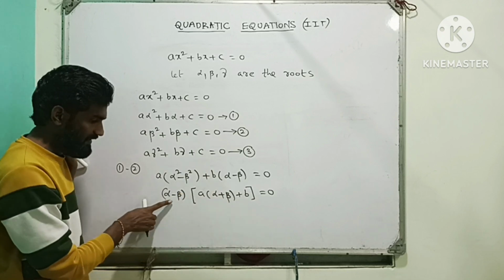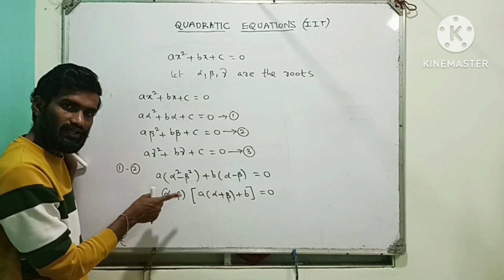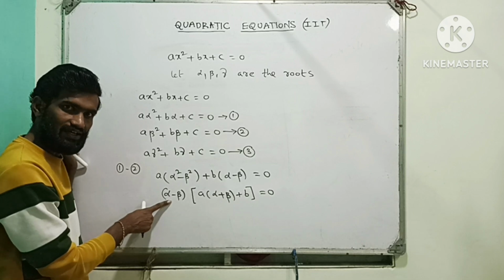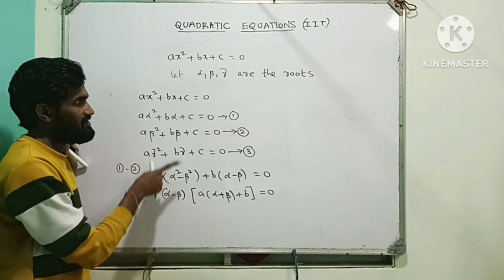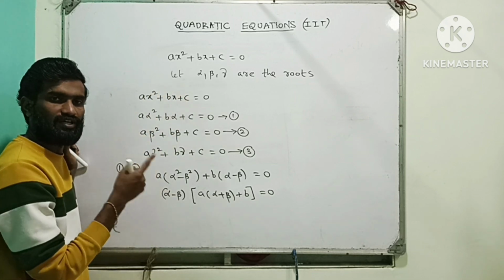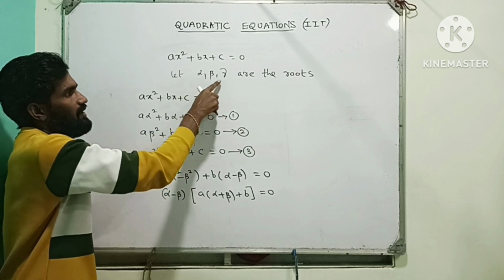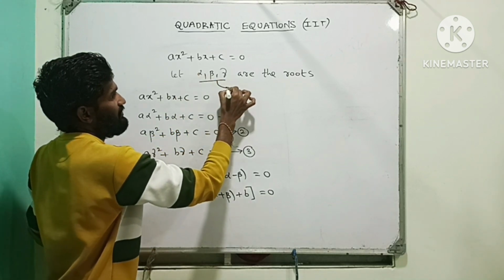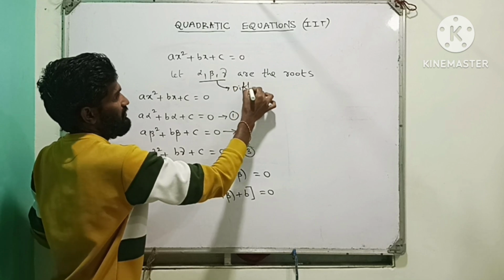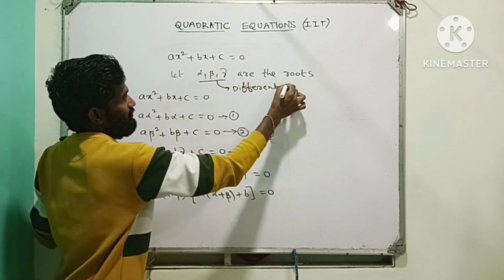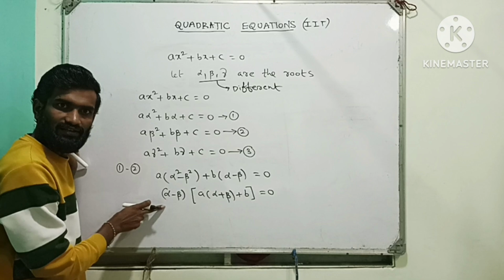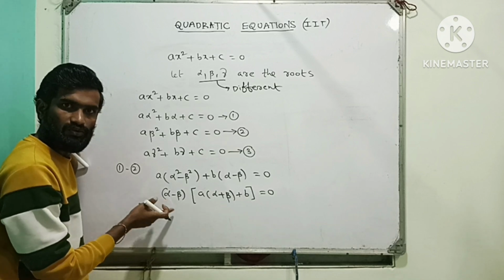But if I take this one as 0, what I will get? Alpha equals beta. But in the starting itself, we discussed that alpha, beta, gamma, all three are different. So here we are getting that alpha and beta are equal.